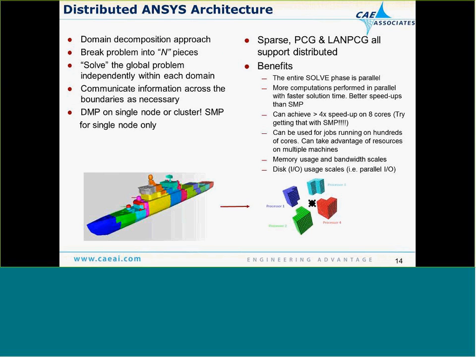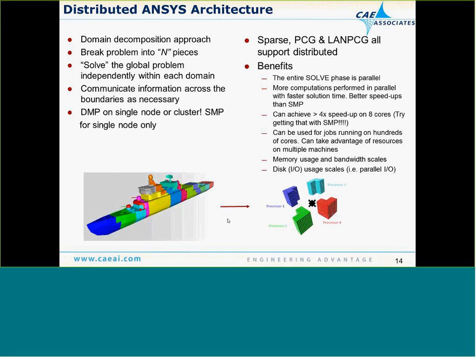So distributed ANSYS architecture, in essence, if we think of DMP processing, and we have the chip on the lower left-hand side, what we're in essence telling the ANSYS software that we want to do is take this one big problem and decompose it into n blocks, where the blocks correspond to the number of processors, the number of cores that we're requesting to run the job on.